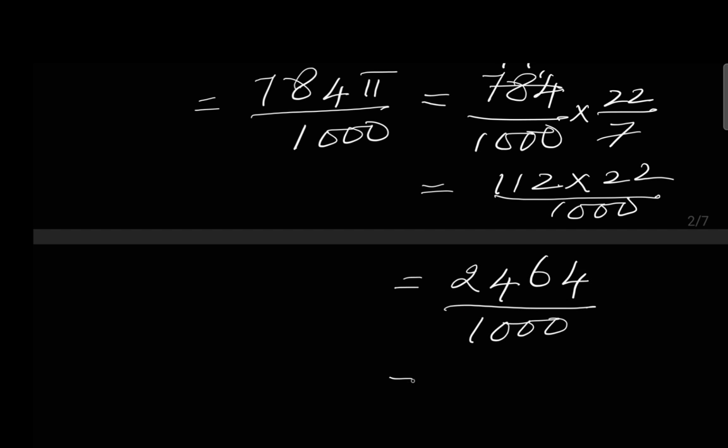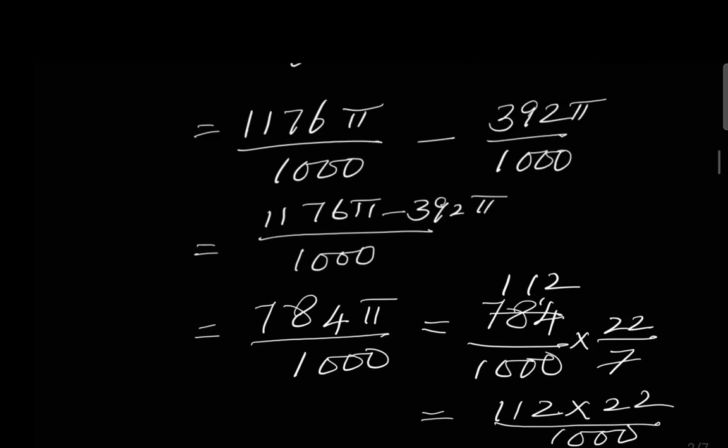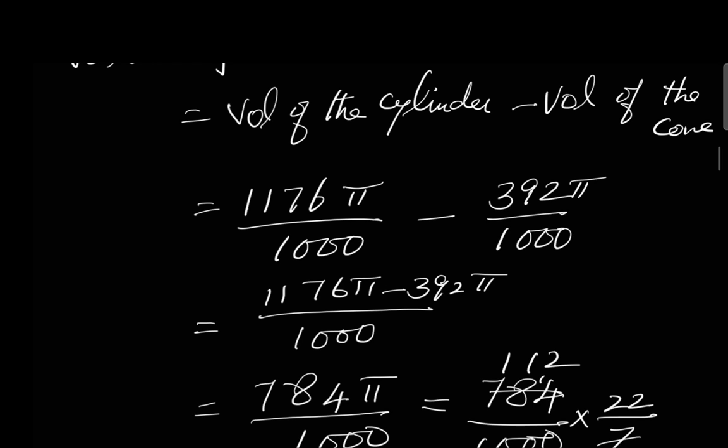See, 3 zeros you have here, so move the decimal 3 places. You get 2.464 centimeter cube. This is the answer, the volume of the remaining solid.